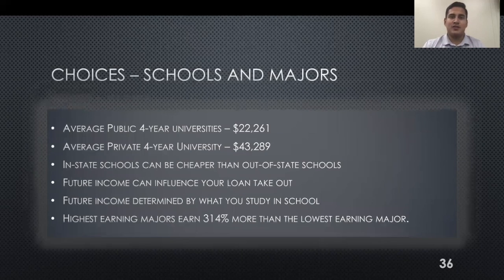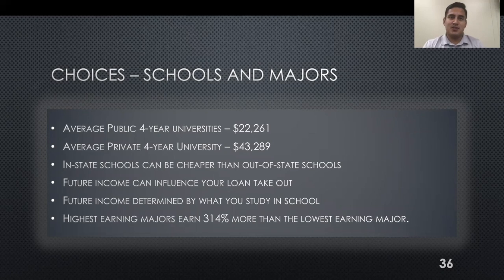After you learn to manage, you need to figure out what kind of school you want to attend and what major you want to focus on. Here are some facts to consider before making that decision. The cost of an average public 4-year university is about $22,000 a year. The cost of an average private 4-year university is about $43,000 a year.